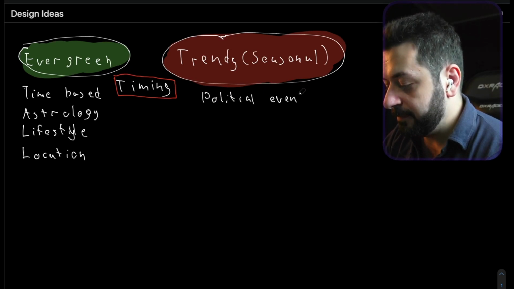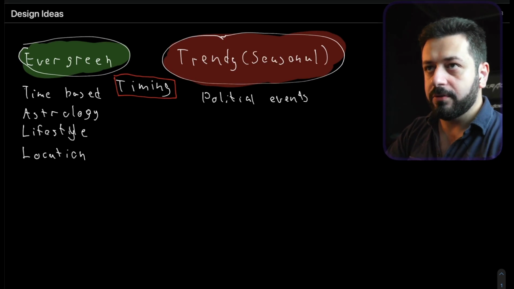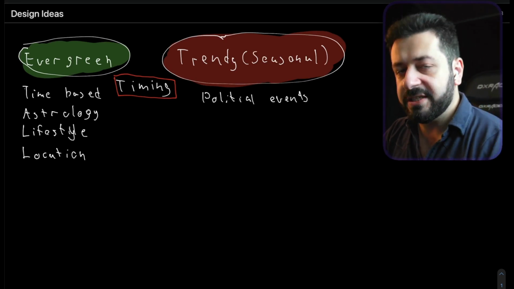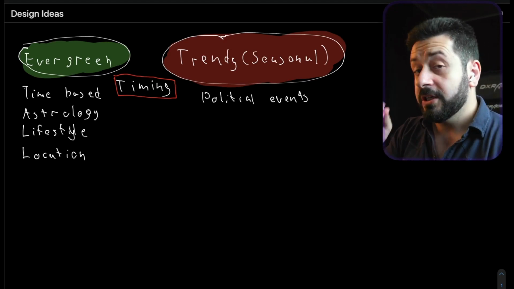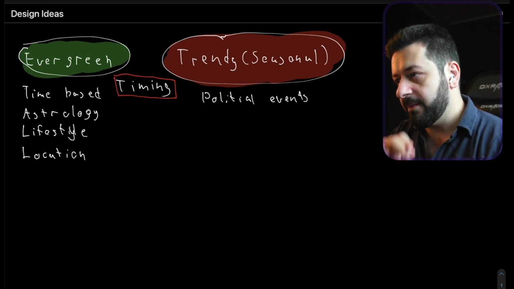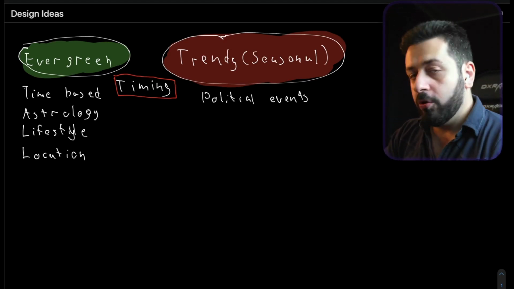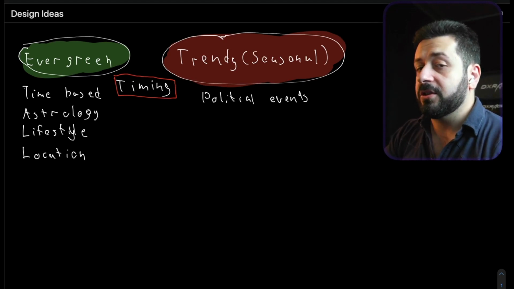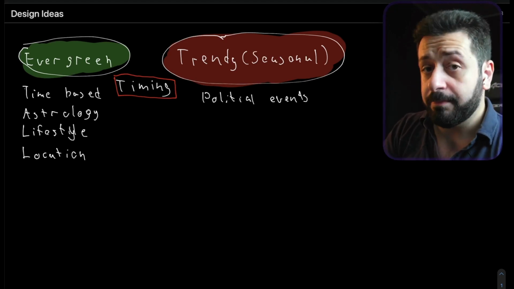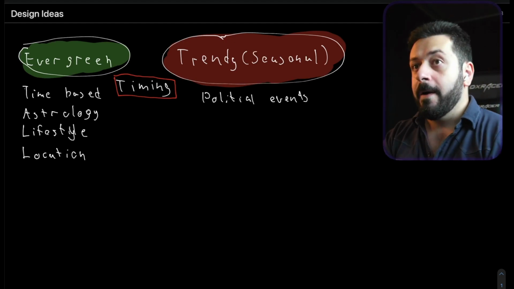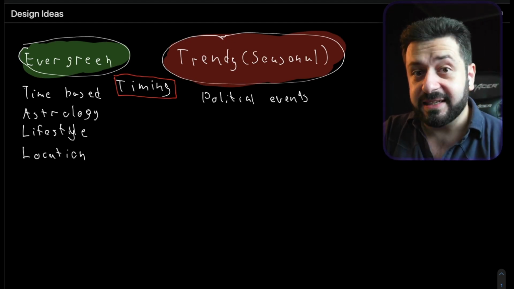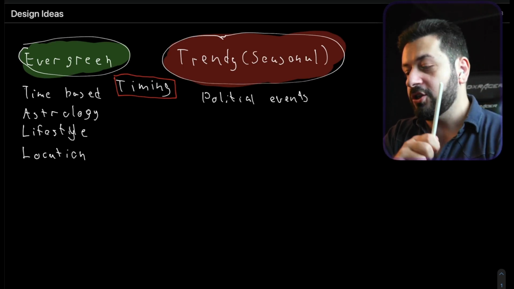A lot of people are making a lot of money during US elections, basically targeting the political parties and their supporters, which is huge. You can do the same for your own country, or support a certain political figure or political stance. It doesn't matter what the stance is.